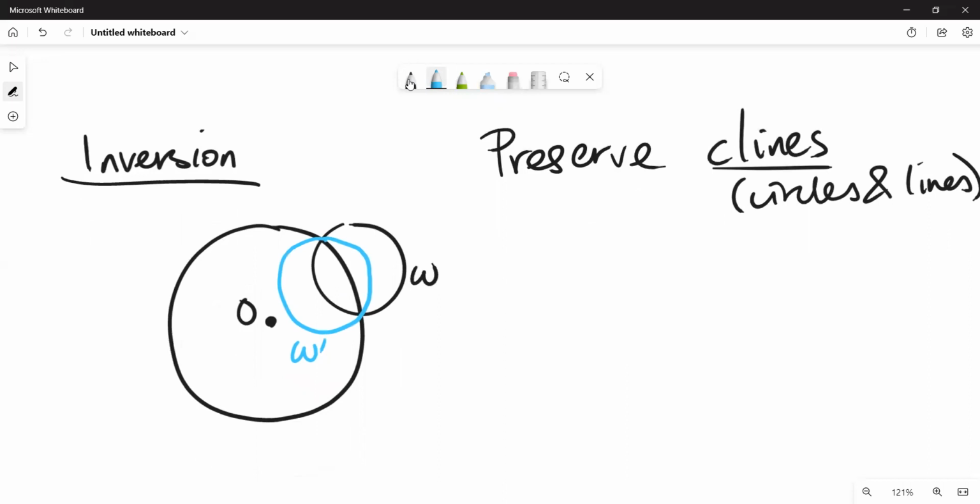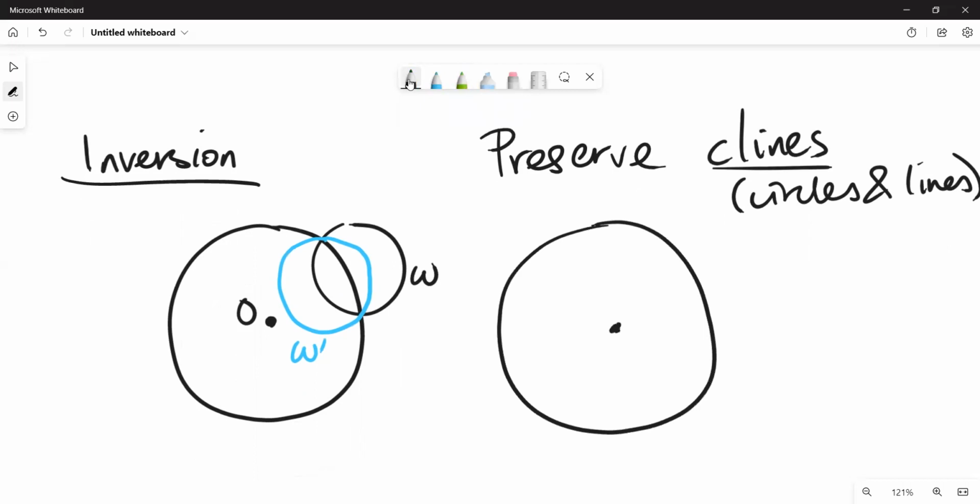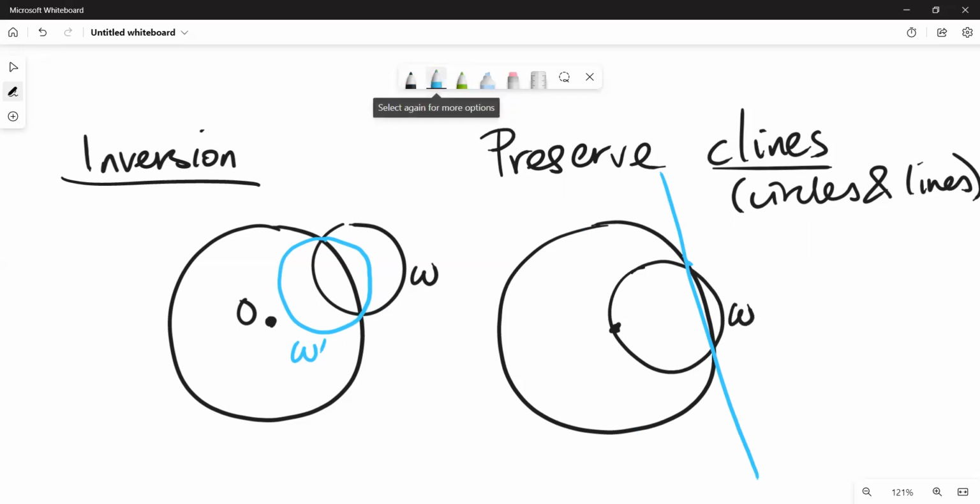And if it's a circle through the center of the circle, then the image will be a line. Oh, hang on, it will be this line.